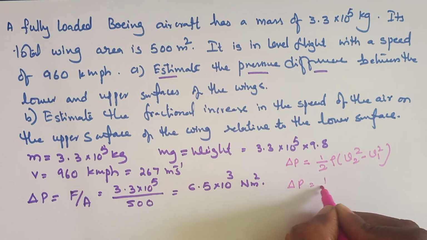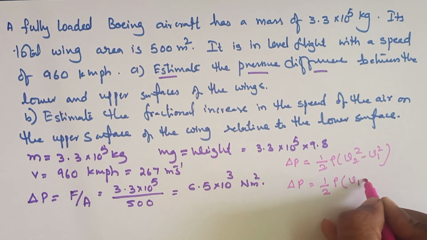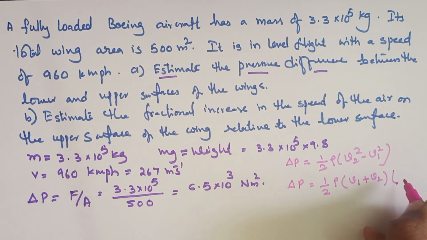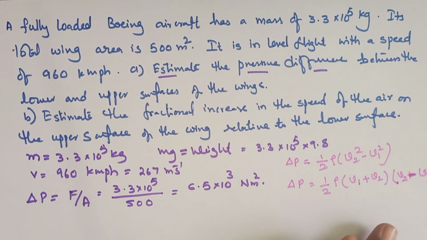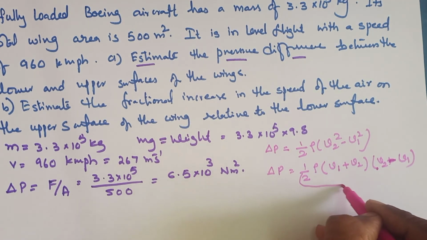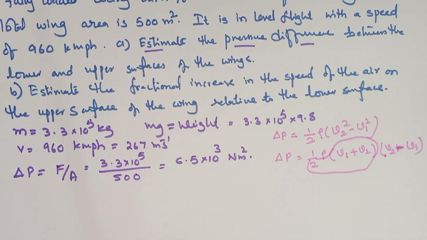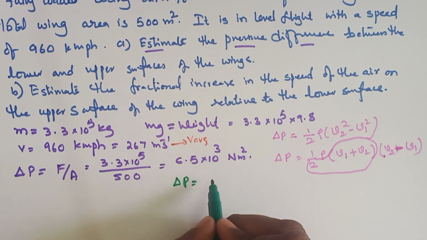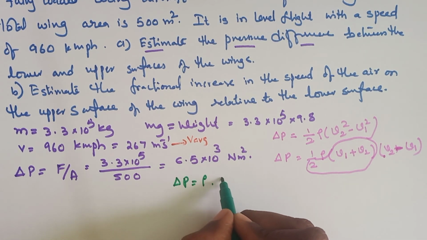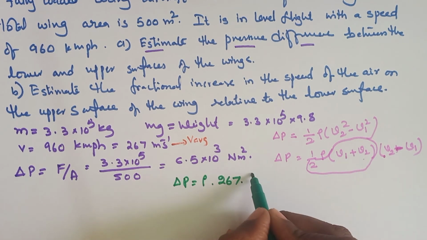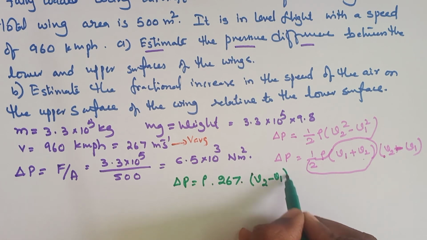So delta P is equal to half rho (V2 plus V1)(V2 minus V1). This V1 plus V2 over 2 is called the average velocity V. So delta P is equal to rho into 267 in place of V1 plus V2 over 2, into V2 minus V1.